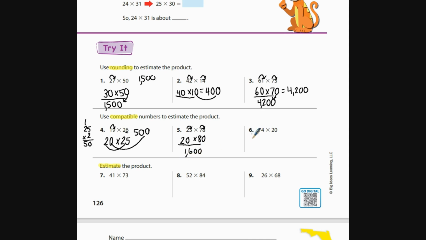And that's my estimate. Now let's take a look at question 6. Let's do compatible numbers because that's what I've been telling you. Let's take a look at 74 times 20. So 74 is 1 away from a multiple of 5. So let's make that 75. And then we're lucky. This is the 20. So let's keep the 20.